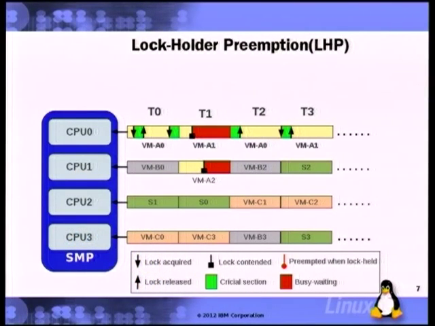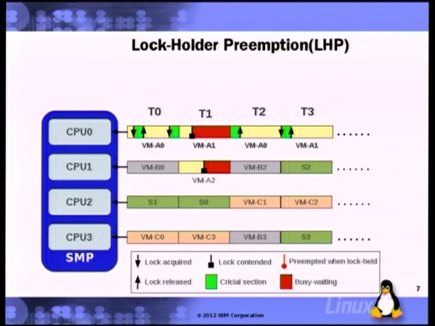On the chart, we see that I have 3 VMs running: VM A, B, and C. Each VM has 4 vCPUs, and the scheduler places them randomly on different CPUs. At T0, we have vCPU 0 of VM A taking a spin lock within the guest kernel and then releasing it.